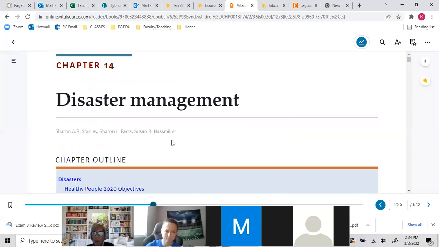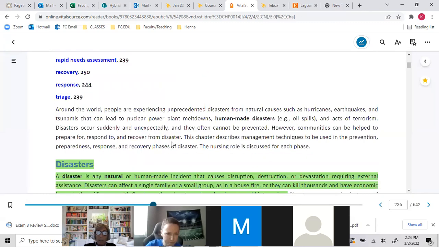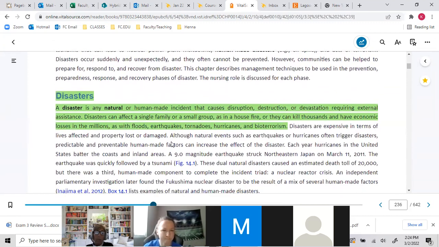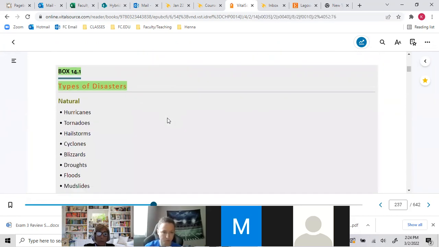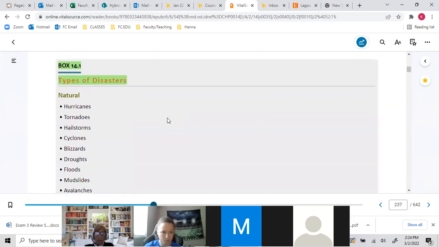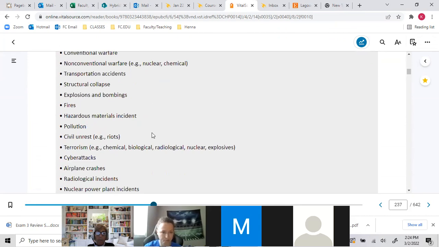I'm on the disaster chapter, chapter 14, page 236. Here are your natural and man-made, human-made disasters. There are definitions of them, and then in box 14.1 are examples of each.